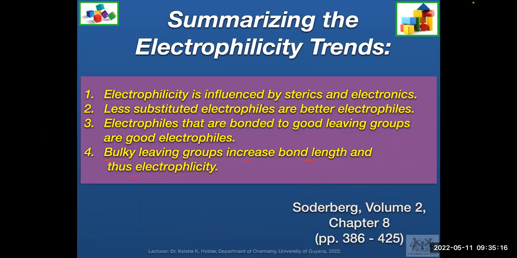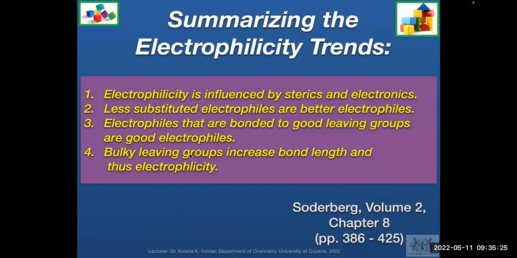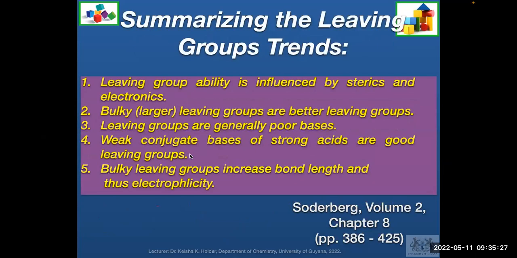Good. So moving on, that puts us in a stead where we can now look at our leaving groups. So our leaving group trends are: leaving group ability is influenced by sterics and electronics, similar to our electrophilicity trends.